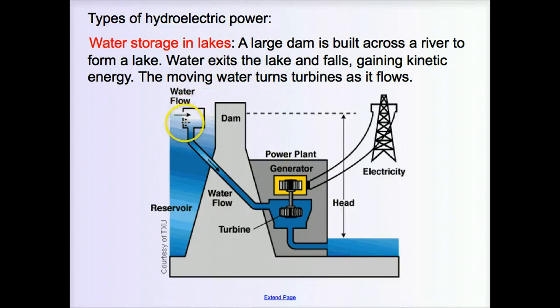The water exits the lake and falls, as we can see here, gains kinetic energy, and this kinetic energy turns a turbine, which is mechanically connected to a generator, and it produces electricity. Very straightforward. There's no heat generated, so it has the potential to be quite an efficient process.